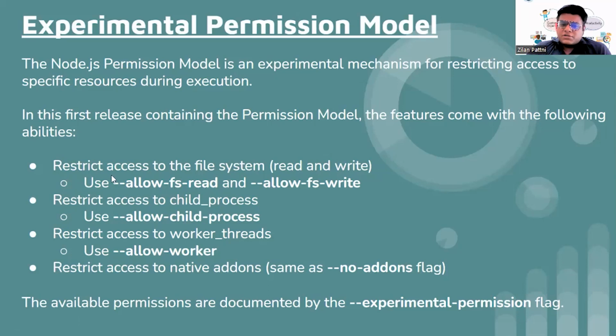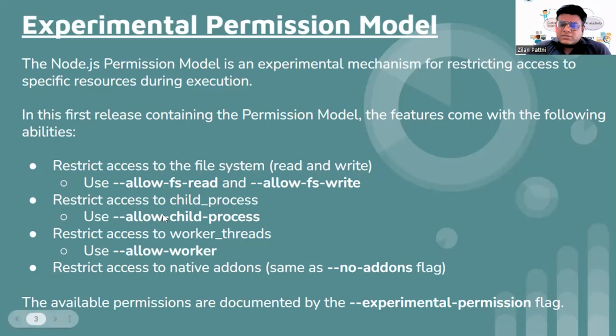The first restriction is the file system restriction. You can use the allow-fs-read and allow-fs-write parameters while executing the Node project to allow the file system to read or write files. The second restriction is allow-child-process. To access child processes in Node.js, you have to allow the child process to execute.